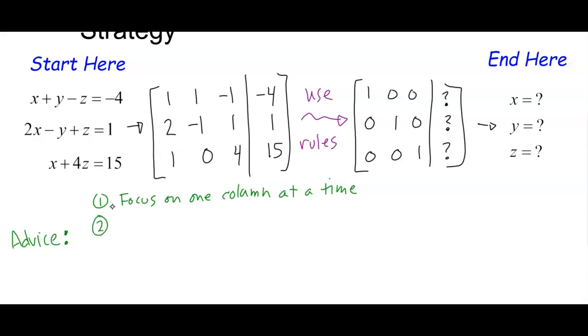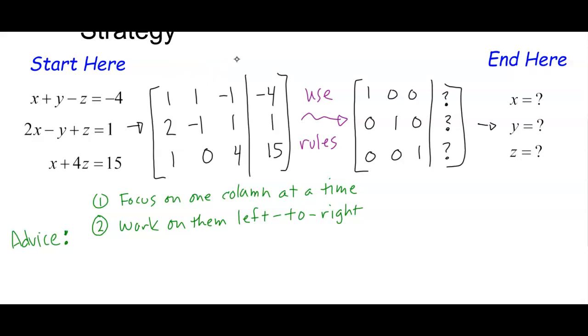My second advice is, work on the columns left to right. So, when I say the first column, I mean the column that's on the far left, and then you move towards the right. So this here would be column 1, this here would be column 2, and so on.